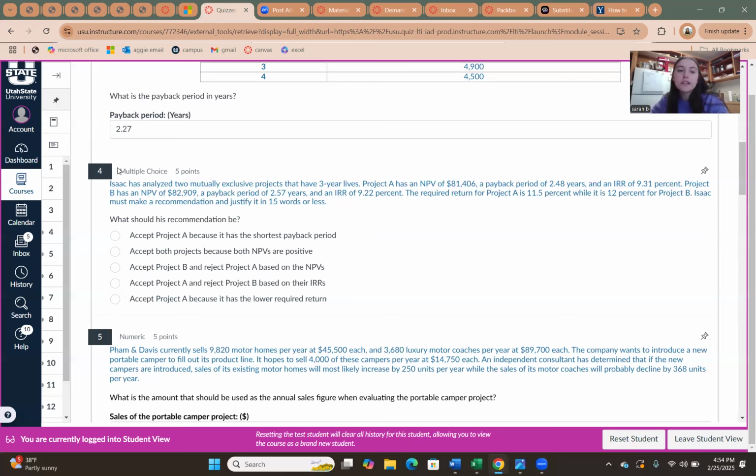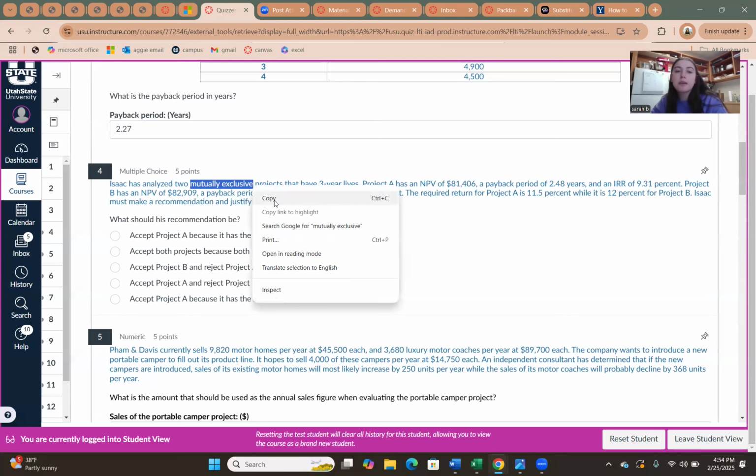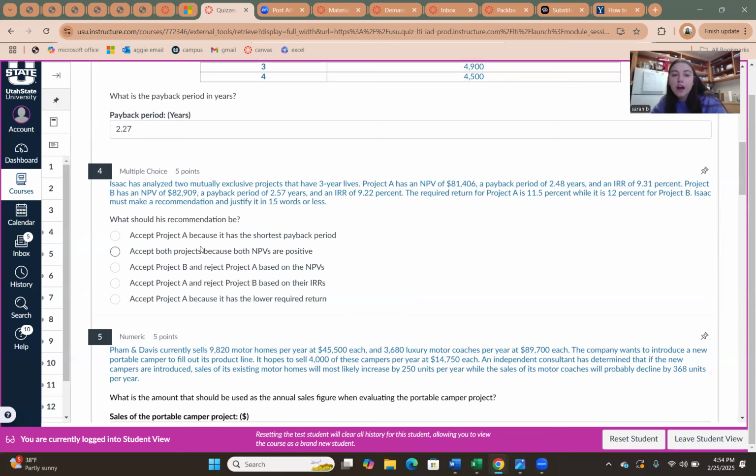Second, when you see mutually exclusive right here, it means one or the other. So you cannot accept both projects just because both NPVs are positive. This one actually gets missed a ton on the test because I don't know if we don't understand what mutually exclusive is or if we just don't read the question. That's fine either way, but we've got to make sure that we understand we can only choose one of these.